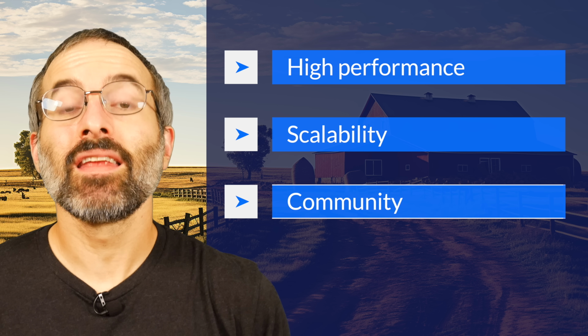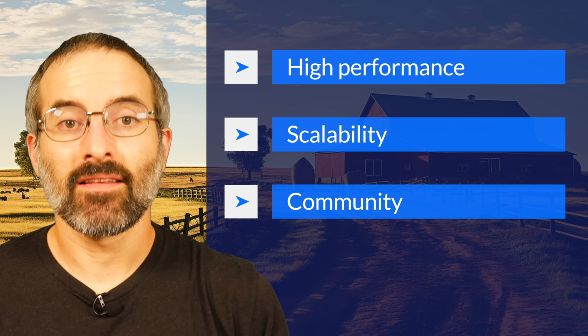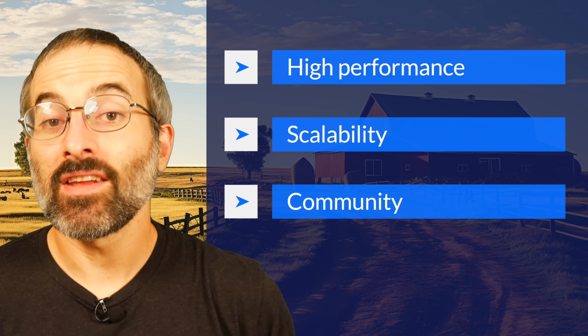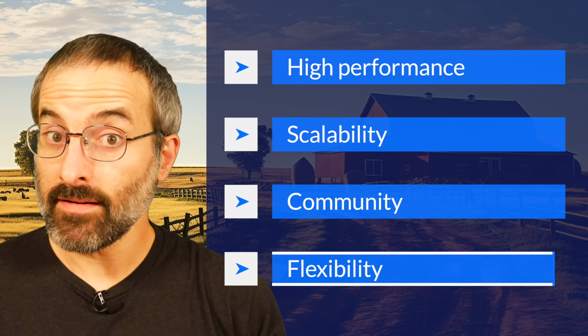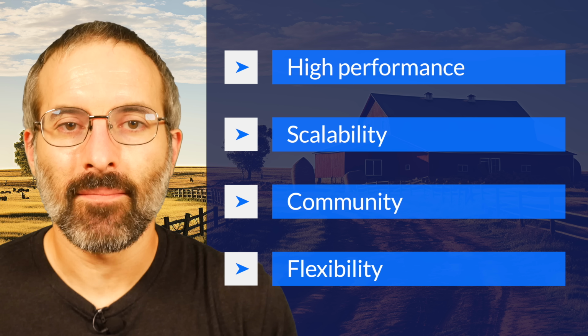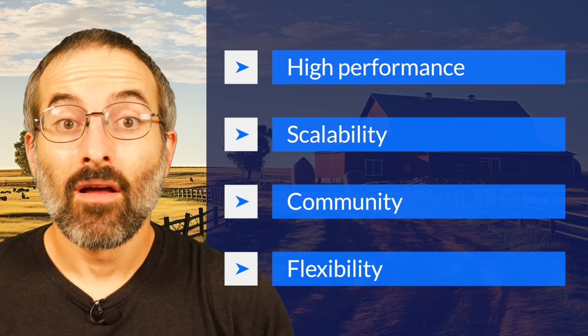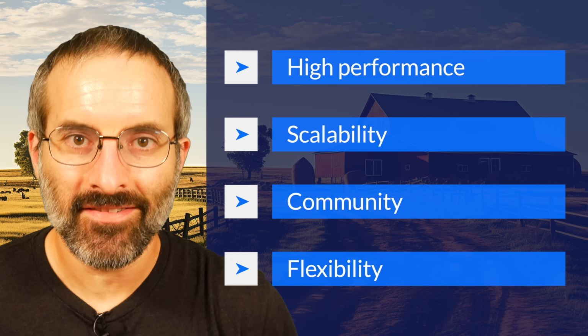Then there's the community and ecosystem. All three technologies have large, active communities and rich ecosystems of libraries and tools. Flexibility. The Farm Stack is flexible enough to accommodate various types of web applications, from simple CRUD apps to complex data-intensive systems.